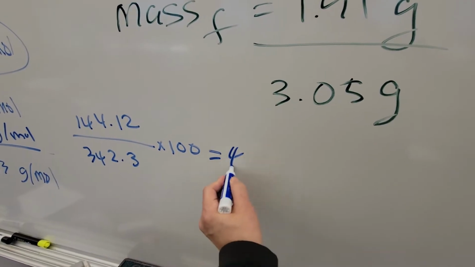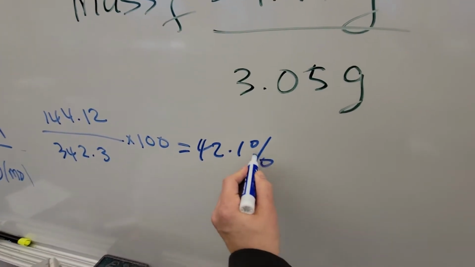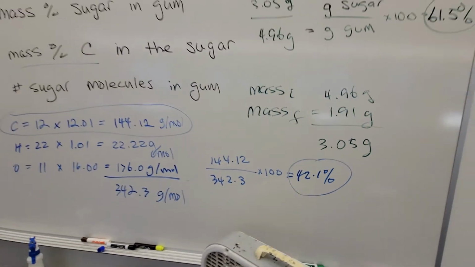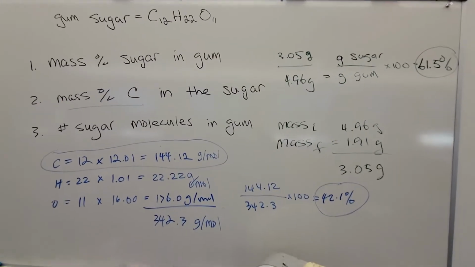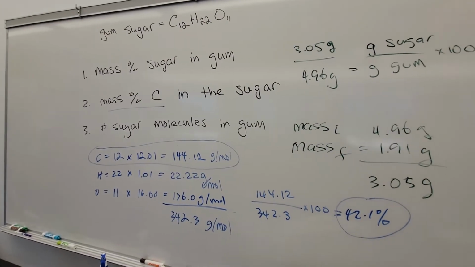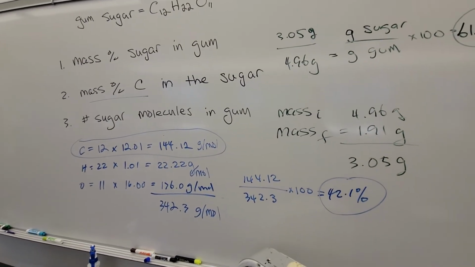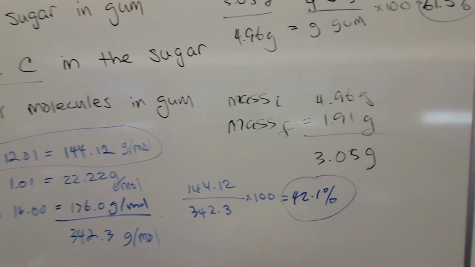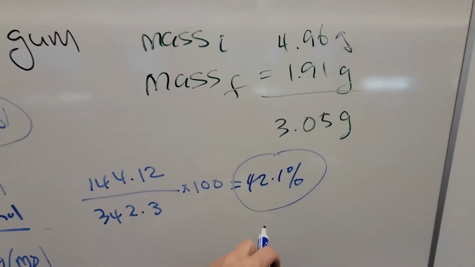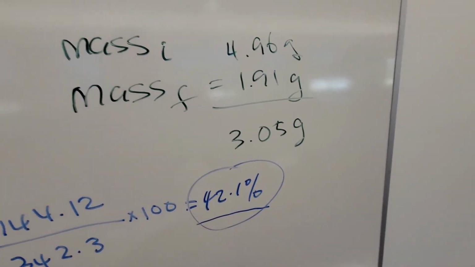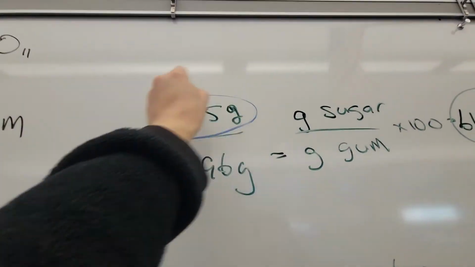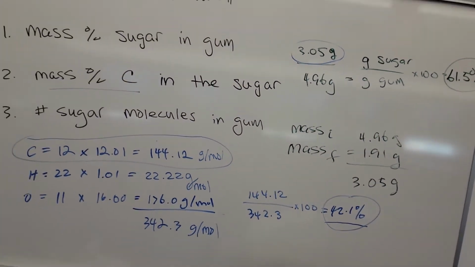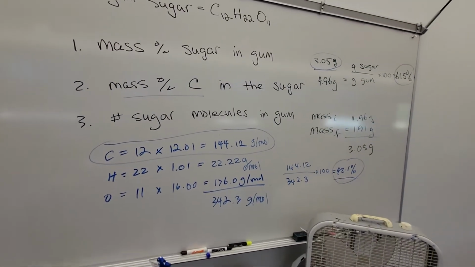And that'll give us 42.1% for the answer to part 2. And because we have that, if we wanted to, we could have gotten the mass percent of the carbon in the whole gum, because we know the sugar is 42% carbon, and then we know how much sugar was in there. But that's not what we asked you. So let's move right on to the last part, number 3.